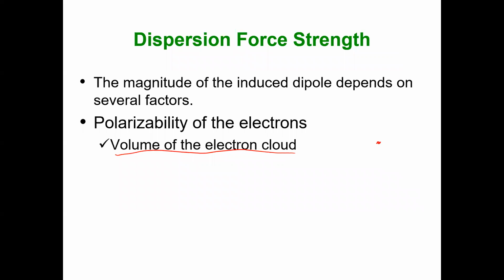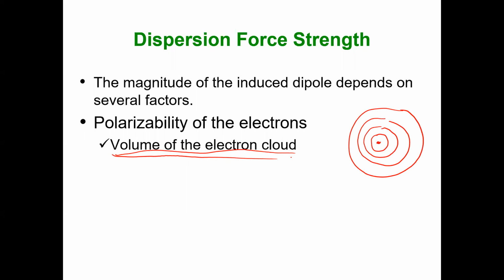And if I have more electrons, they start fitting into more and more energy levels. As I get more energy levels, the volume of the atom is larger, and now the movement is over a greater distance, and they're more polarizable.